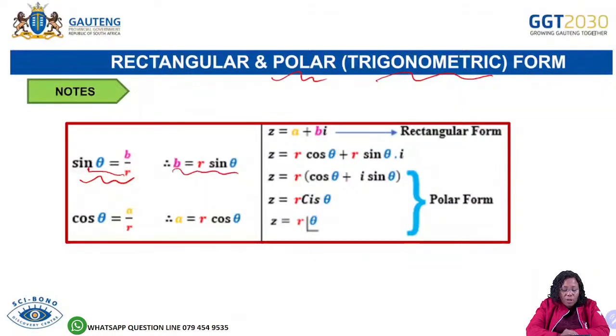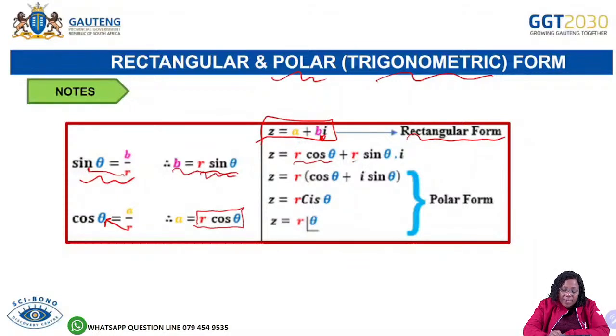Hence we have b equal to r sine theta. The same applies. R will cross multiply to cos. Then a will be equal to r cos theta. Then we take the original rectangular form of the complex number, z equal to a plus bi. So we substitute a now with what? R cos theta. There we are. And then we substitute b with what?